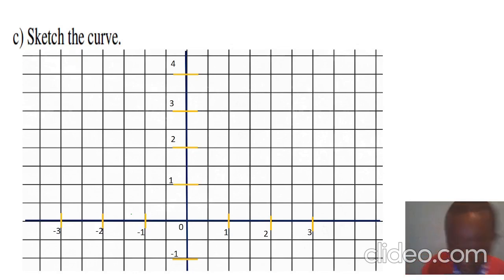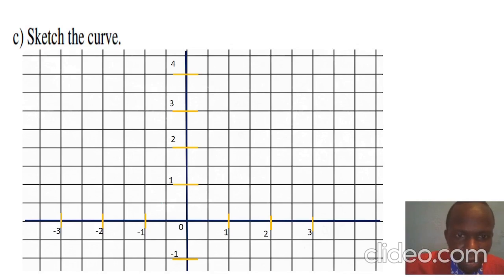Now that is our grid. Note that it is not a must for you to use a grid or a scale. We are just sketching. I've decided to use a grid for the purpose of illustration, so that you can understand. But if you're asked to sketch, it is not a must for you to use a grid. So we are going to mark the following.